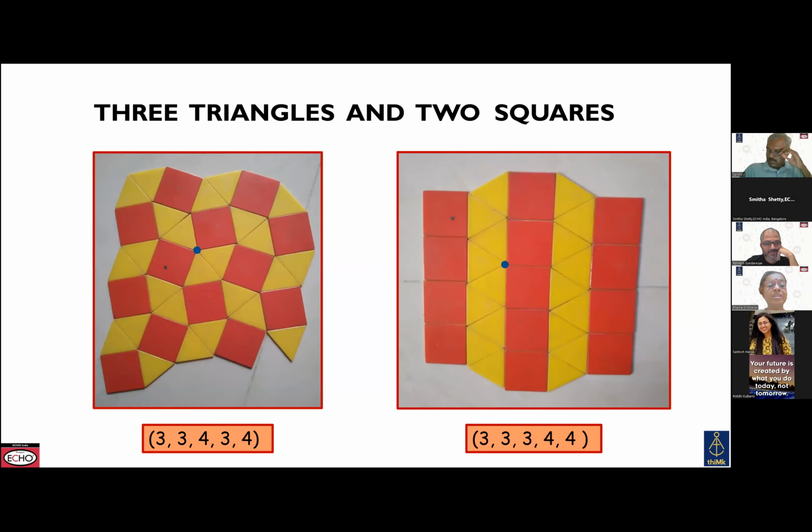Over here, both of these tessellations have 3 triangles and 2 squares meeting at a point, but the order is different. In the first one we have 2 triangles, a square, a triangle and a square, and in the second we have 3 triangles and 2 squares, and both form completely different patterns, as you can see. So the order in which we put these polygons together also matters.